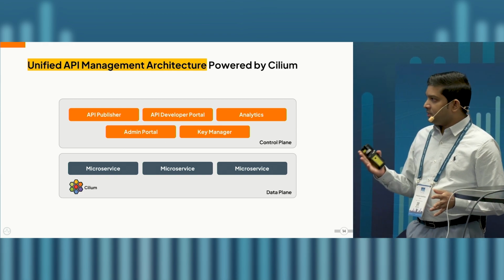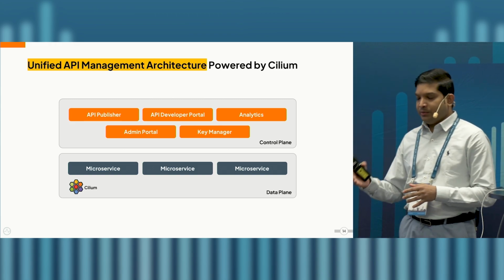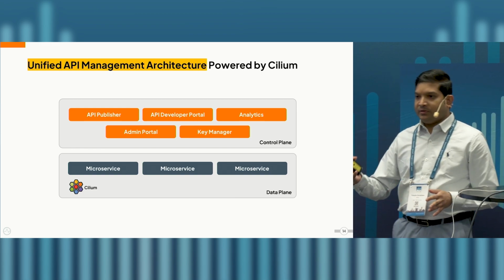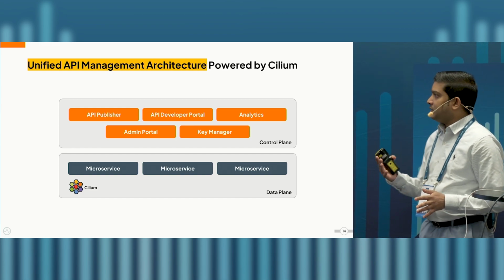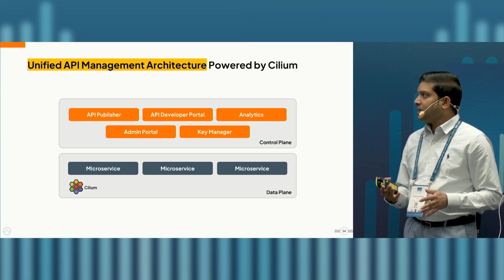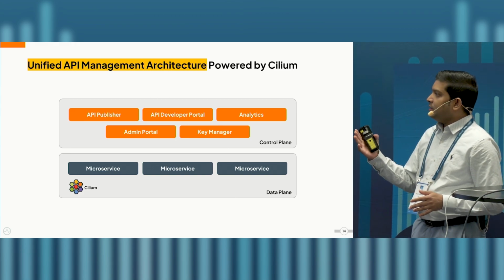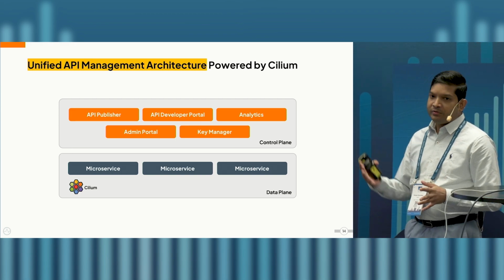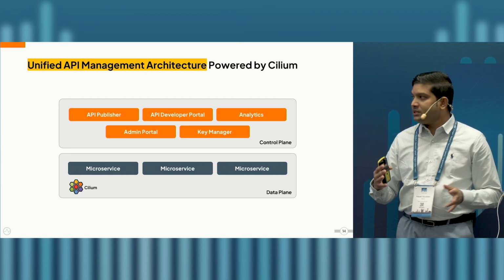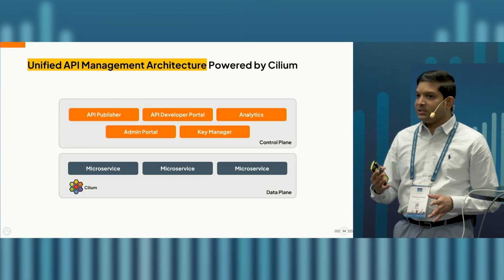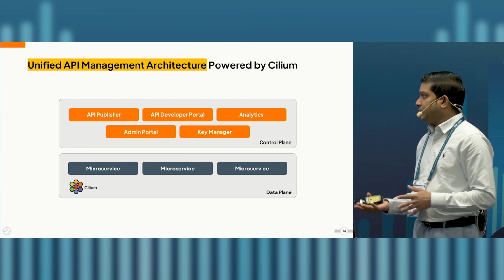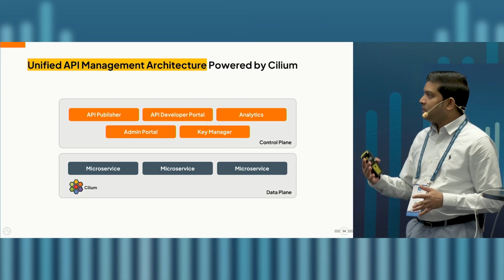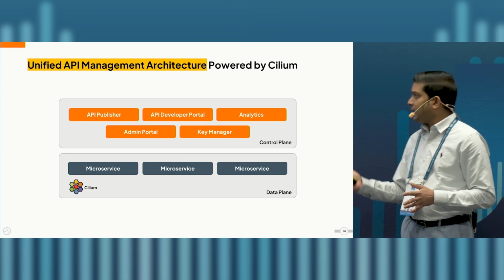With this clear separation, you can deploy multiple data planes, maybe in a different region, maybe in a different cloud, or even in an on-prem environment as well. Meanwhile, there is a single unified control plane managing all these data planes regardless of their implementation and regardless of their deployed location. So the control plane will do the governance for all these data planes.